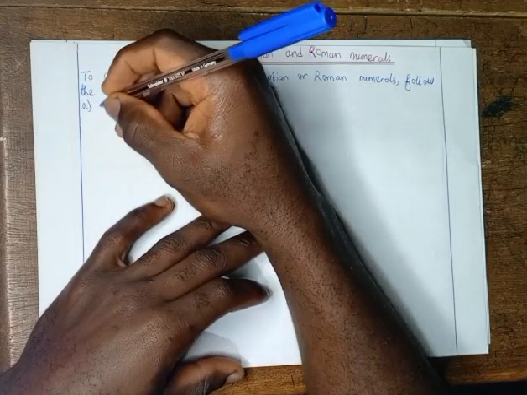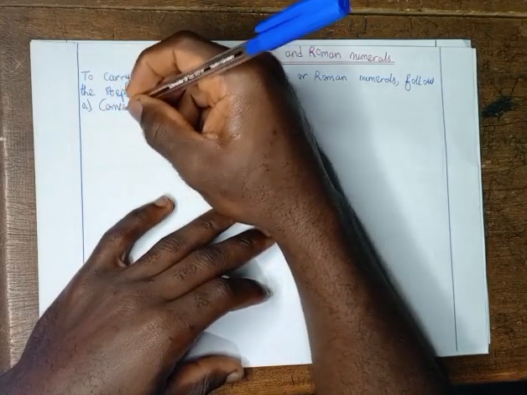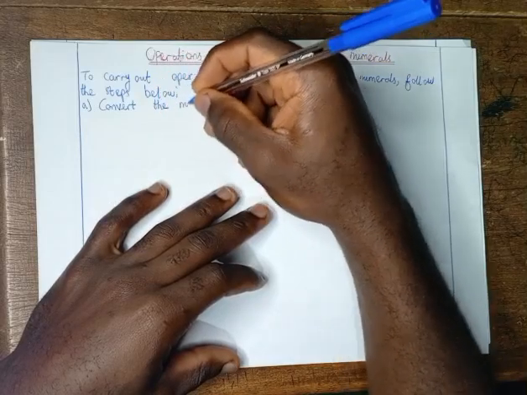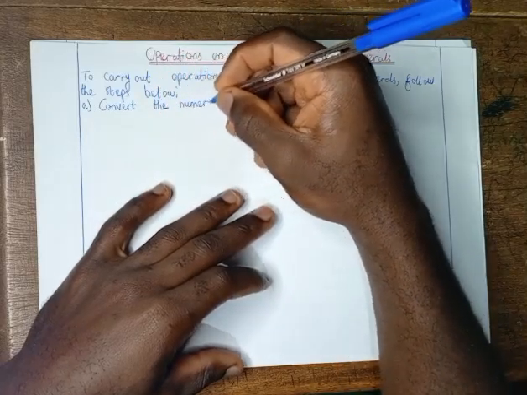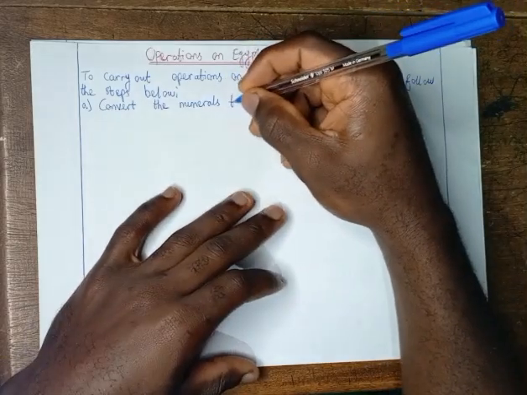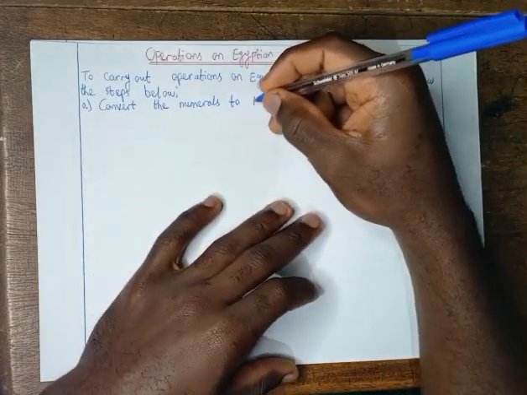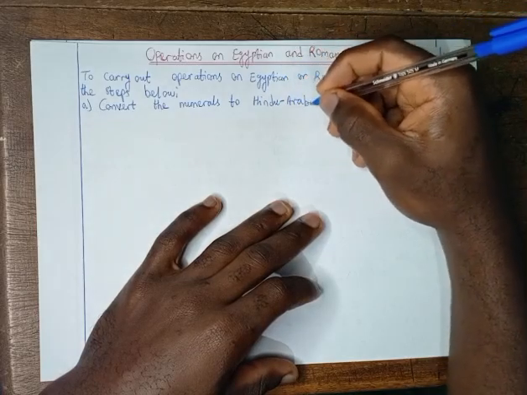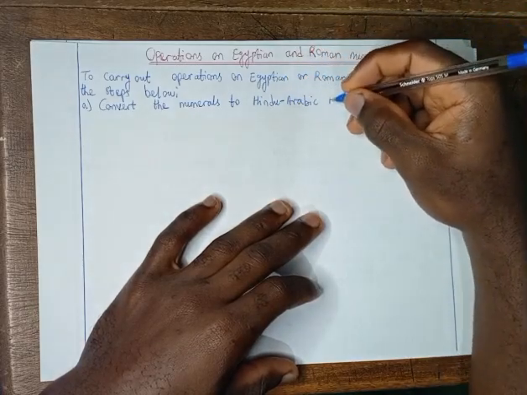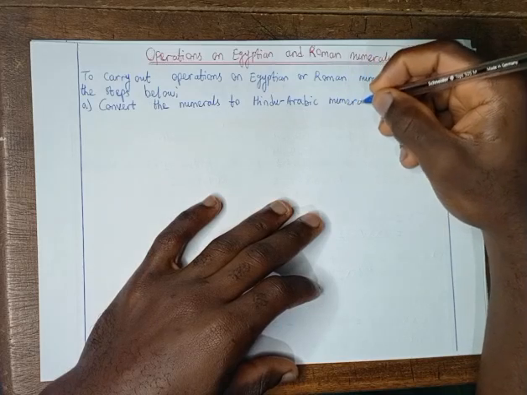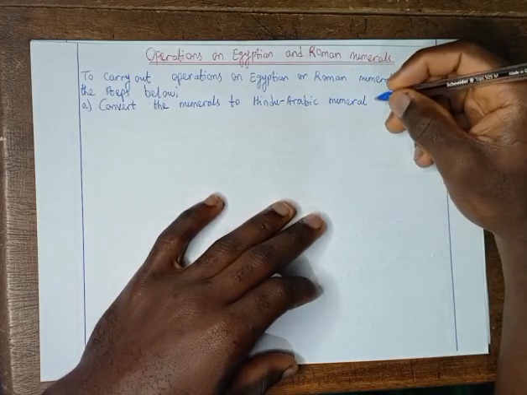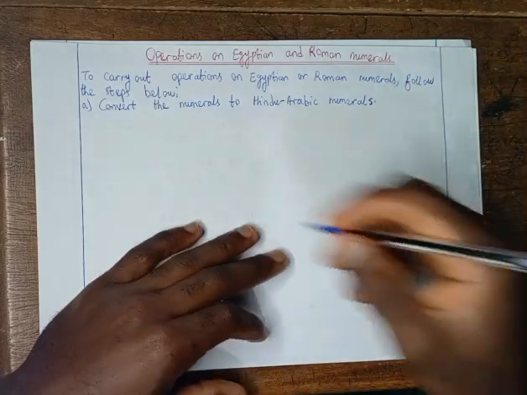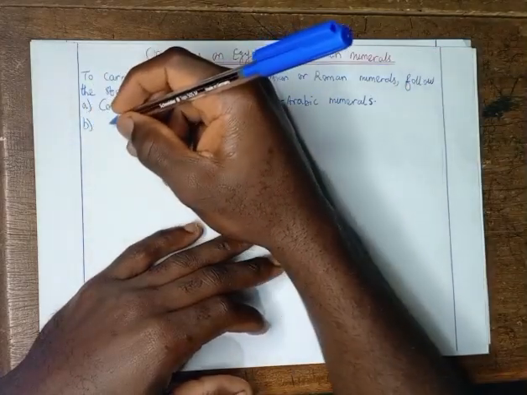First one, convert the numerals to Hindu-Arabic numerals. You need to convert the Egyptian or Roman numerals to Hindu-Arabic numerals, to our numerals, so you know what numbers are represented by those numerals.